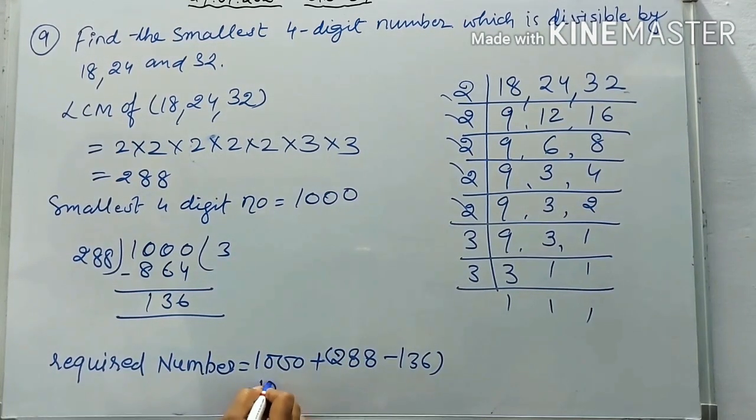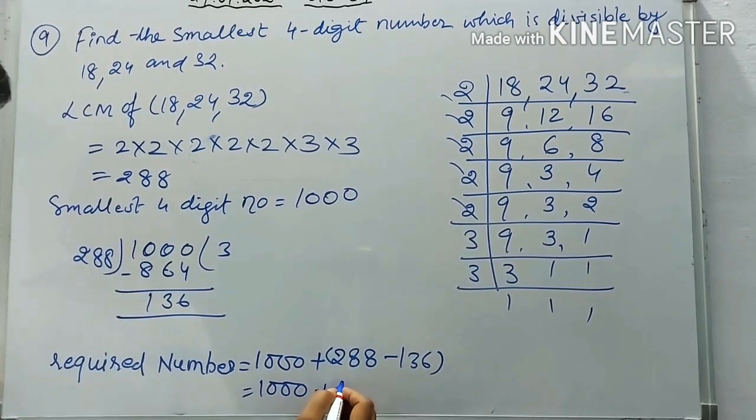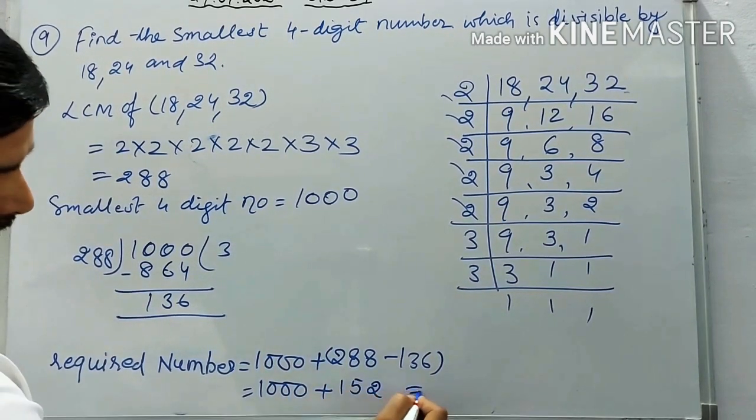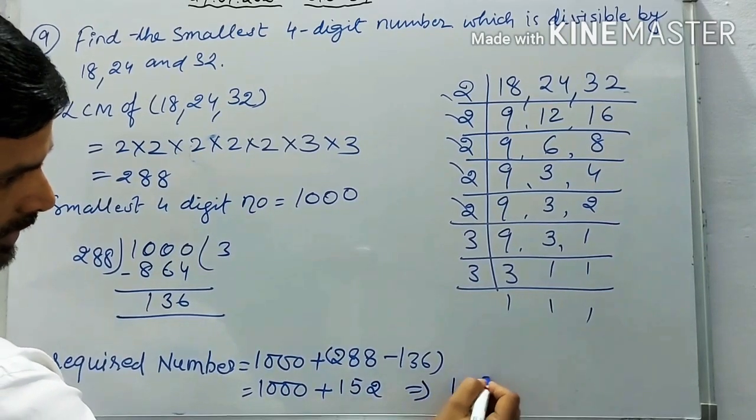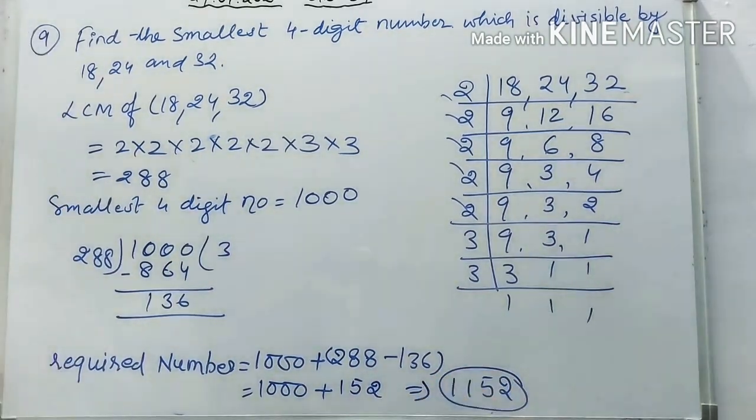This is 1000 plus, then subtract. After subtraction it is 152. So the answer is 1152. Okay.